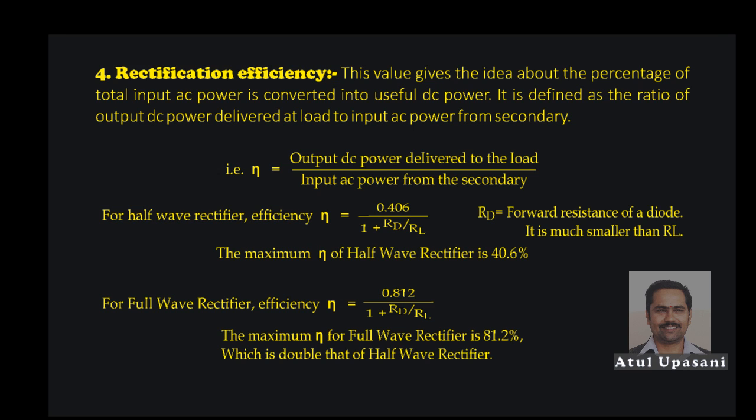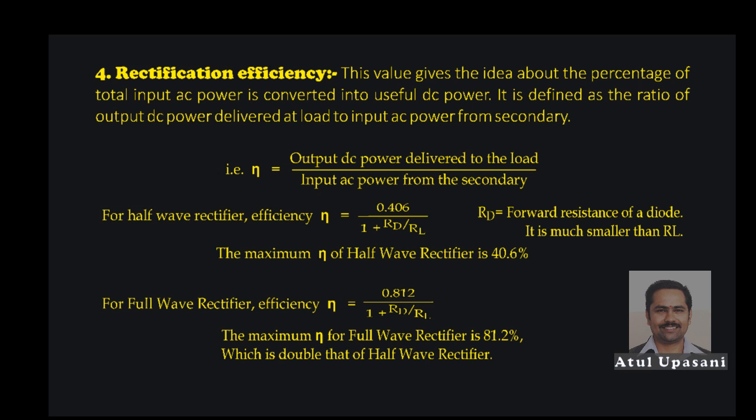We might have gone through the formula of gain. Gain is nothing but output quantity upon input quantity. In the same way, rectifier efficiency is also calculated. It is denoted by eta. It is equal to output DC power delivered to the load divided by input AC power from the secondary. That means eta is the ratio of output power upon input power for a rectifier.